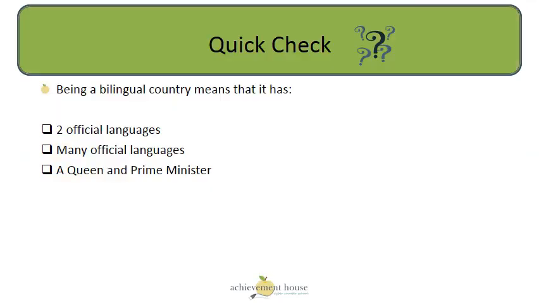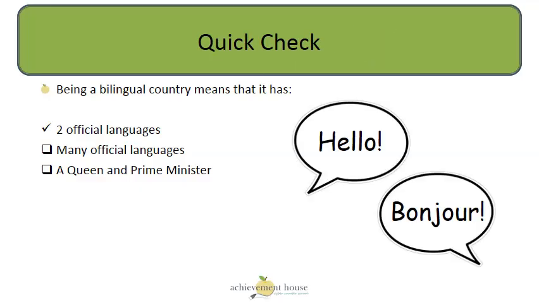Being a bilingual country means that it has 2 official languages, many official languages, or a queen and a prime minister. If you said 2 official languages, you'd be correct. Remember, the official languages in Canada are English and French.